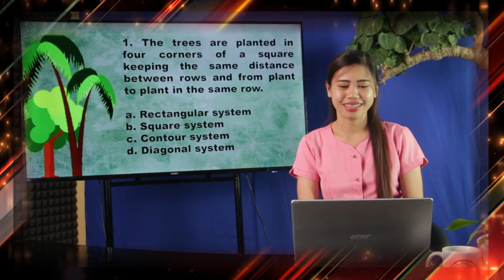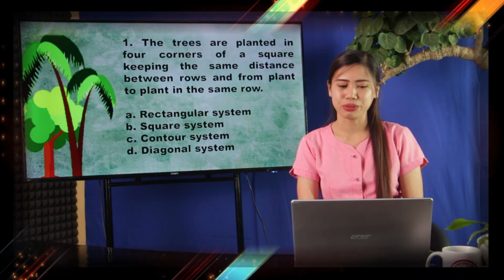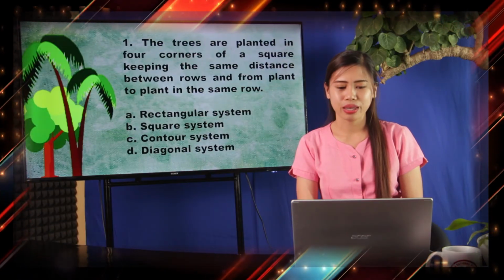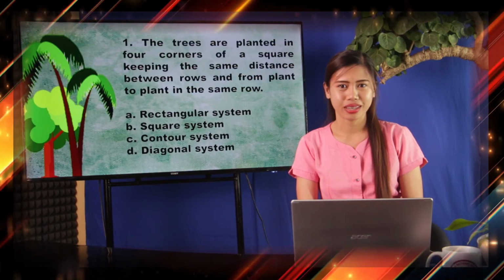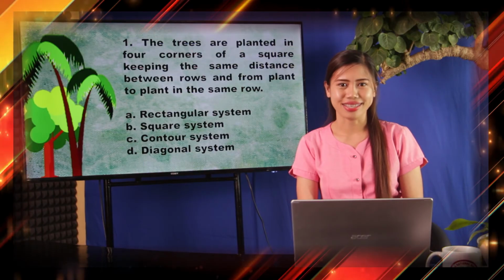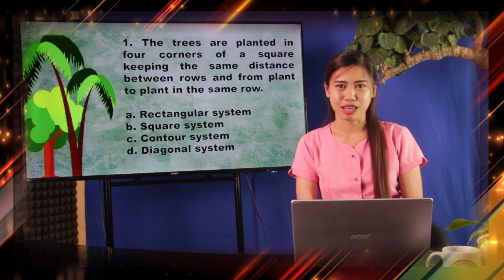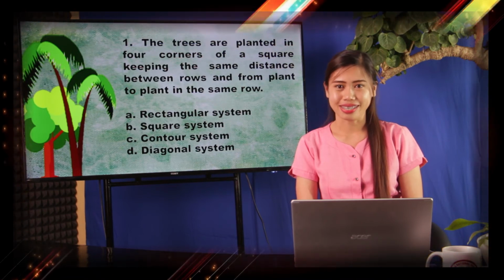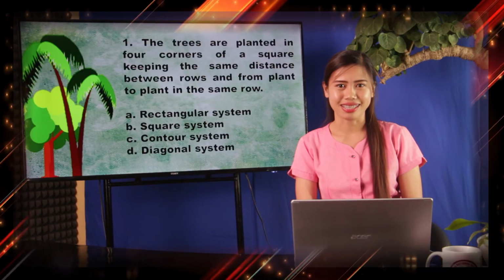Number 1. The trees are planted in 4 corners of a square, keeping the same distance between rows and from plant to plant in the same row. A. Rectangular system. B. Square system. C. Contour system. D. Diagonal system.